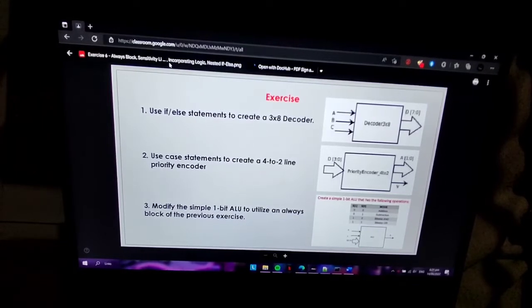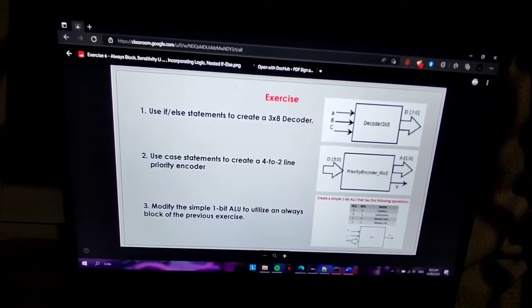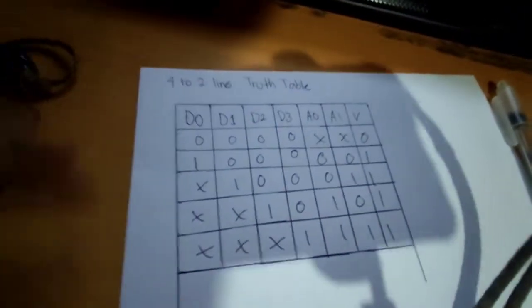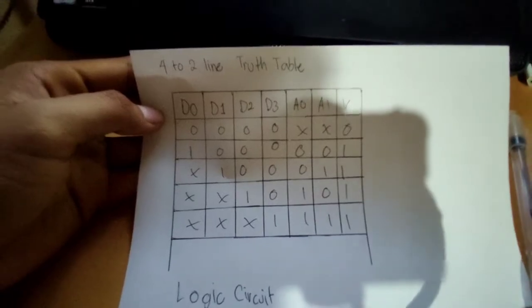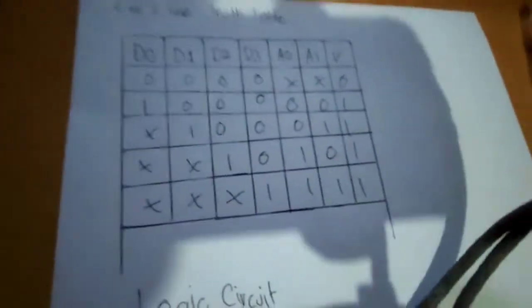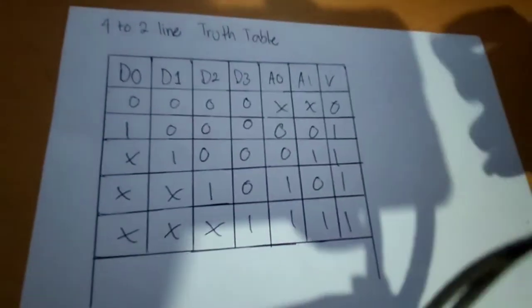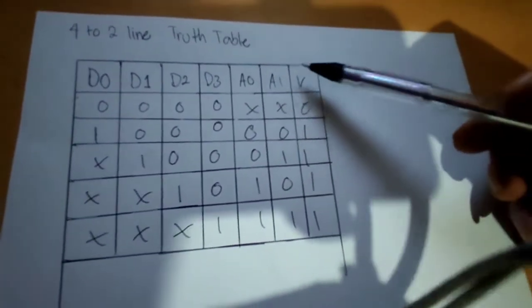So it says use case statement to create 4 to 2 line priority encoder. So create this truth table. We have 4 inputs and 3 outputs.